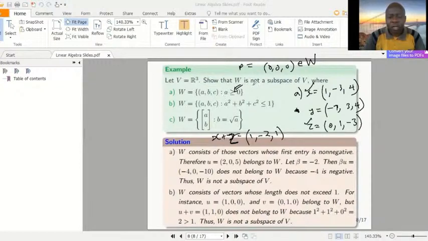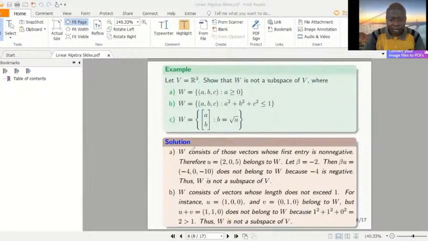But the question is to show that it is not a subspace, so I proceed and check if the other property will be satisfied. I want to check the closure under scalar multiplication. So I pick another vector now, U. I pick (2, 0, 5).